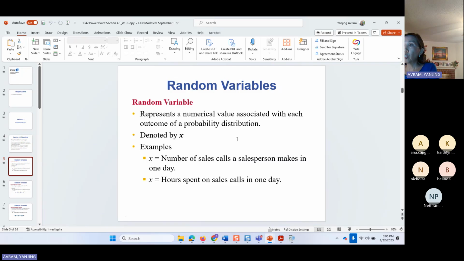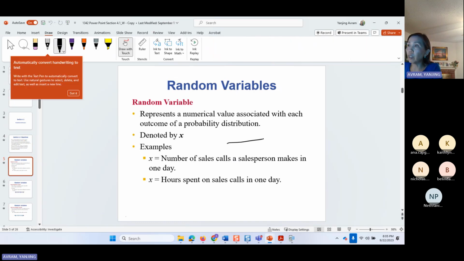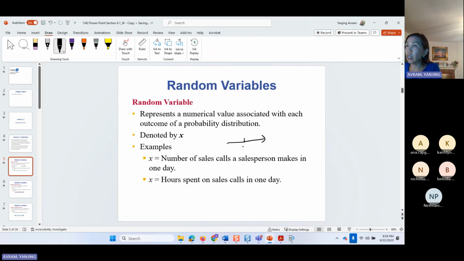All right. So when we have a random variable, we have a discrete random variable. We also have a continuous variable, right? The discrete variable on a number line is just 0, 1, or 2. That is the discrete. And what is continuous? Continuous is between 0 and 1, the whole interval.